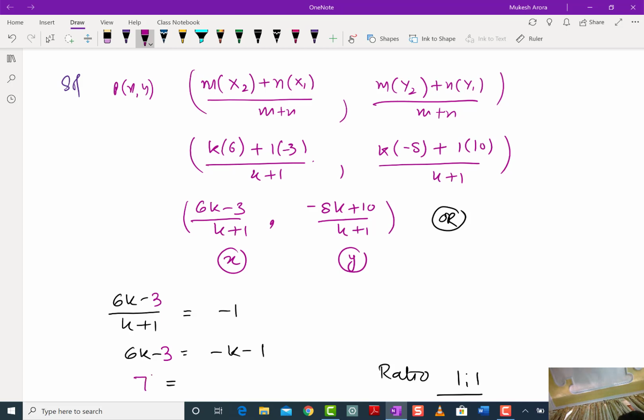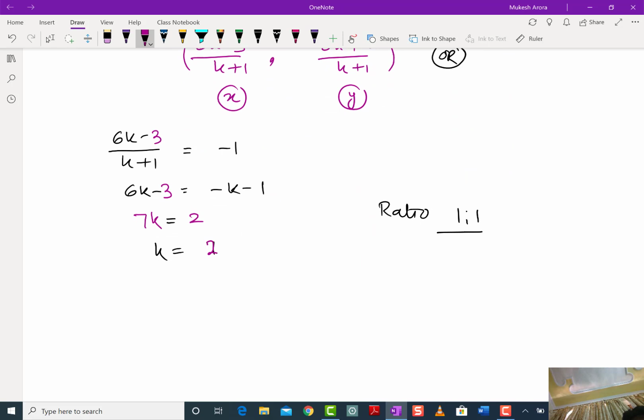So it was 7k is equal to 2. k was equal to 2 by 7. So 2 ratio 7. Right?